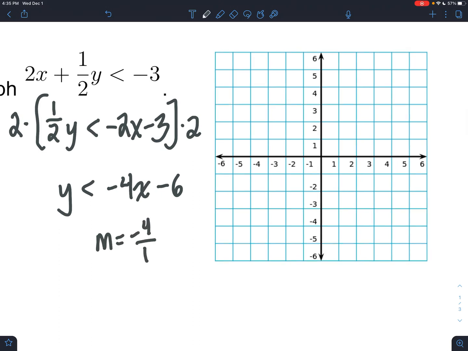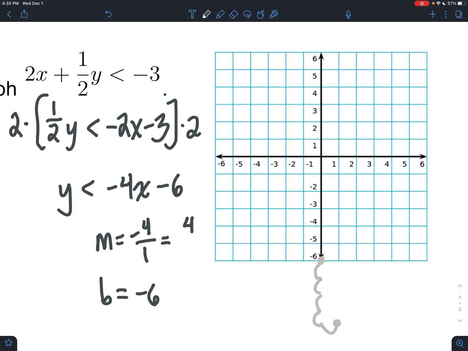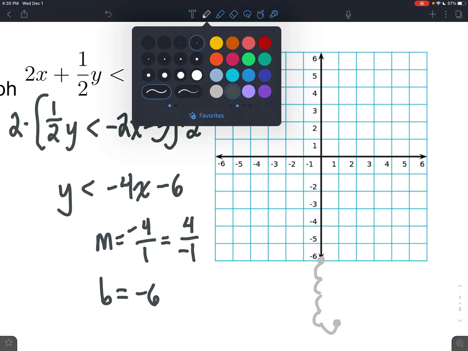So, things to note. The slope is -4 over 1. B is -6. So, if I want to do my light line, I'm going to go down 4, which is a little problematic, and over 1. So I want to plot the other point too. So remember that you can also write these fractions the other way.